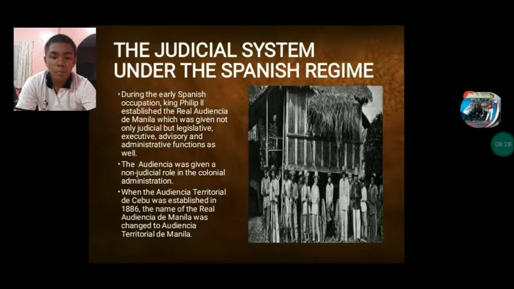It was both a trial and appellate court. The audiencia also functioned in the allotment of lands to settlers and the establishment of new pueblos.